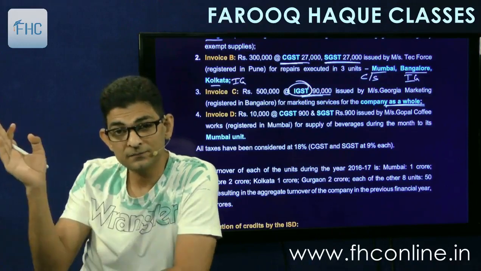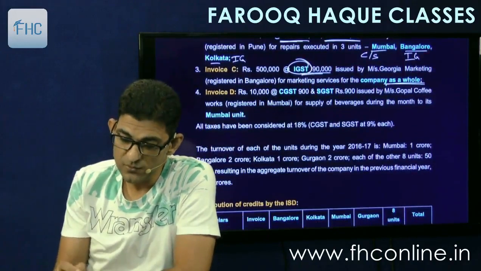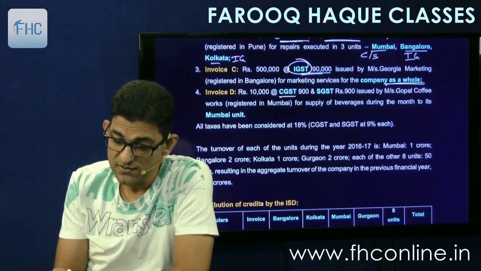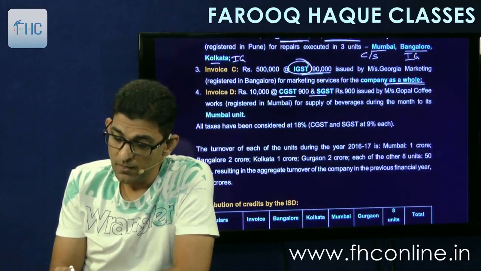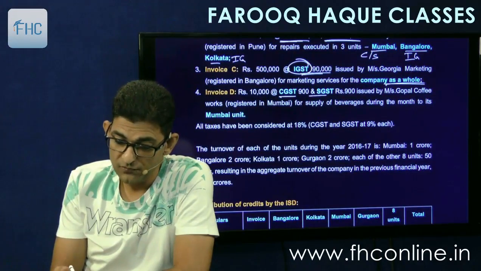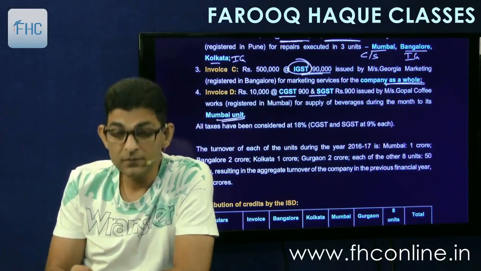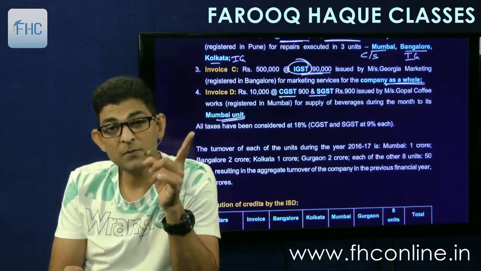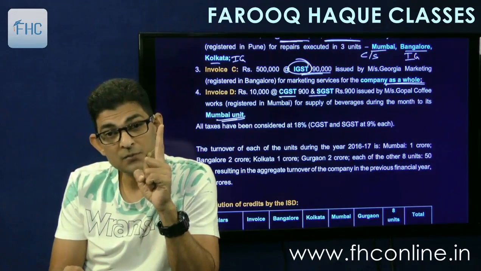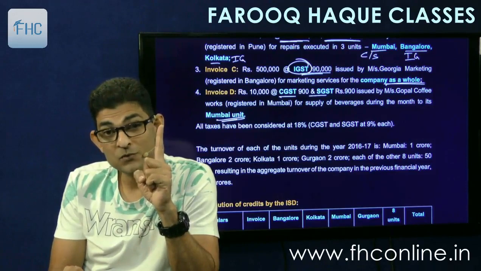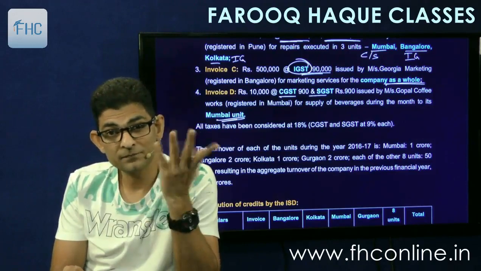IG remains IG. And the last one is 10,000 CGST, SGST, issued by Messrs. Gopal Coffee Works, registered in Mumbai, for supply of beverages during the month to its Mumbai unit. This is service for one unit. So this will remain distributable only to one unit, that is the Mumbai unit. It will not be distributed to any other unit.